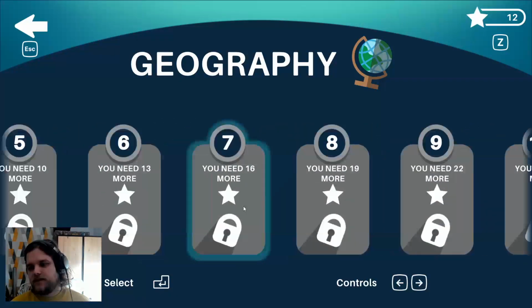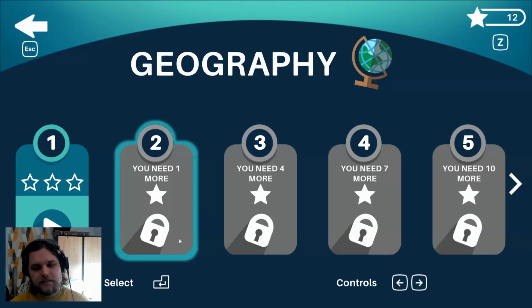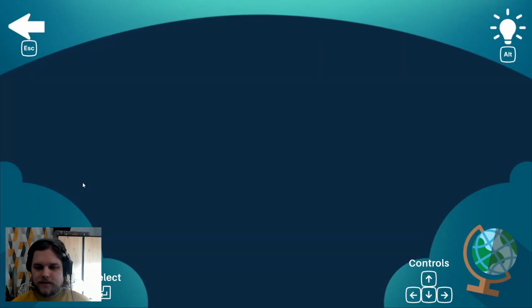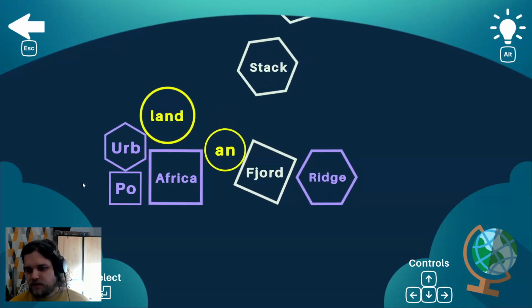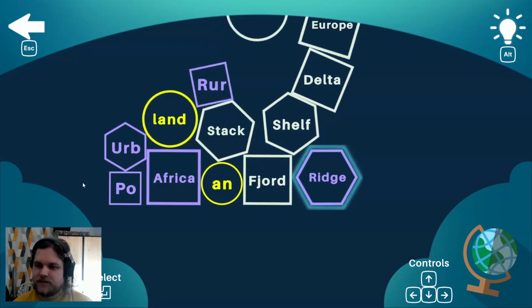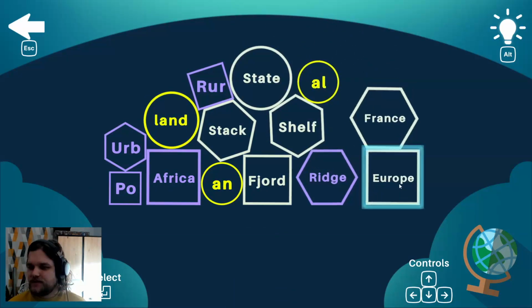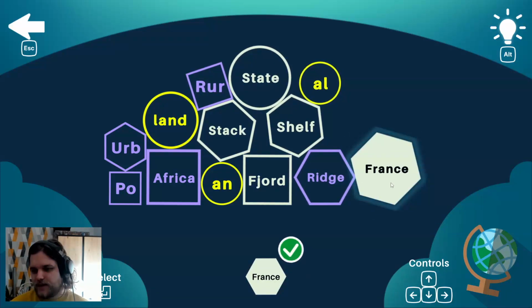I always need to complete the previous level and also collect some number of stars to be able to access the next level here. So I'm going to geography. Able to find something. A delta. In sync. Europe as a continent. And France as a country.